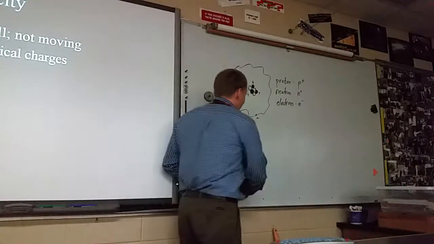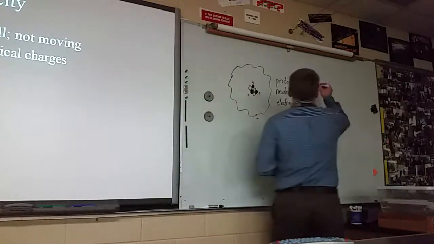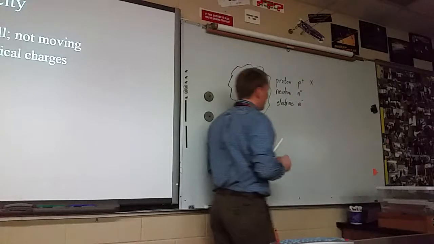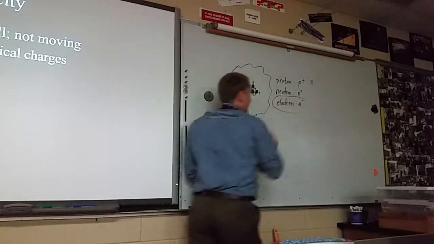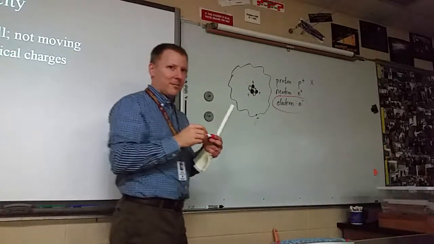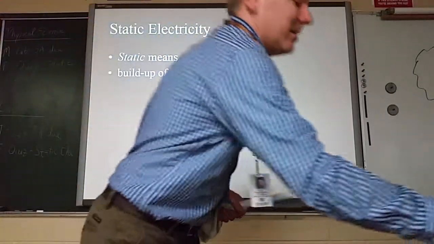So that takes off the table the adding or removing protons. We can't do that, not under any normal circumstances. So it means we must be changing the number of electrons. So with that in mind, let's go forward and look at the rest of this.